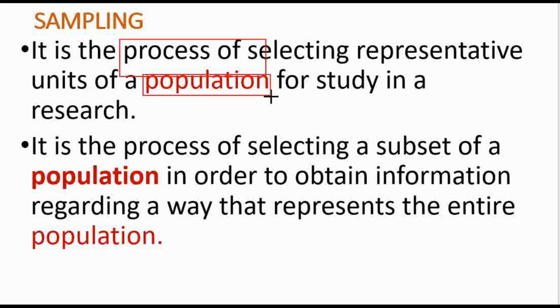From the population, the units have been selected. It's a process of selecting representative units of a population for study in a research. What kind of units? Representative units that will represent the whole population. For what purpose? For the purpose of study. So this is called sampling.